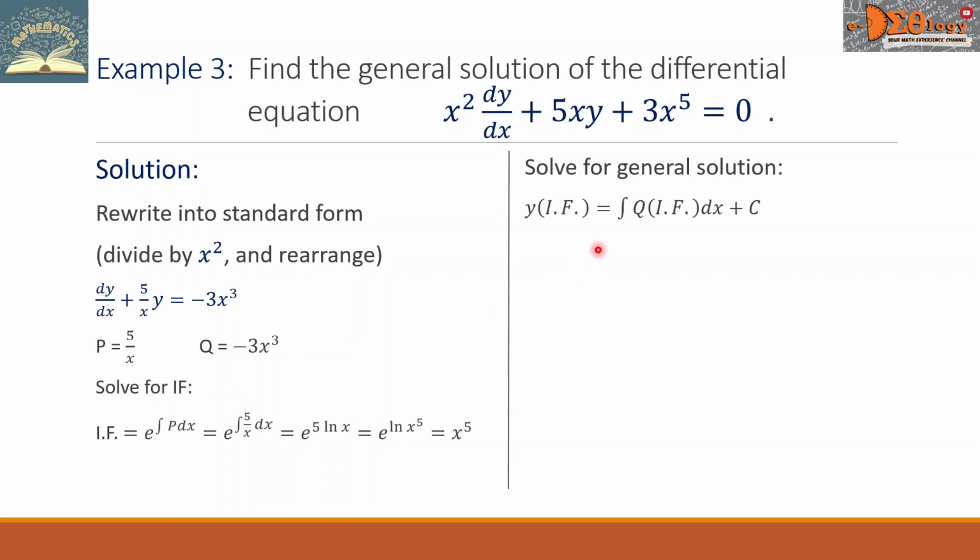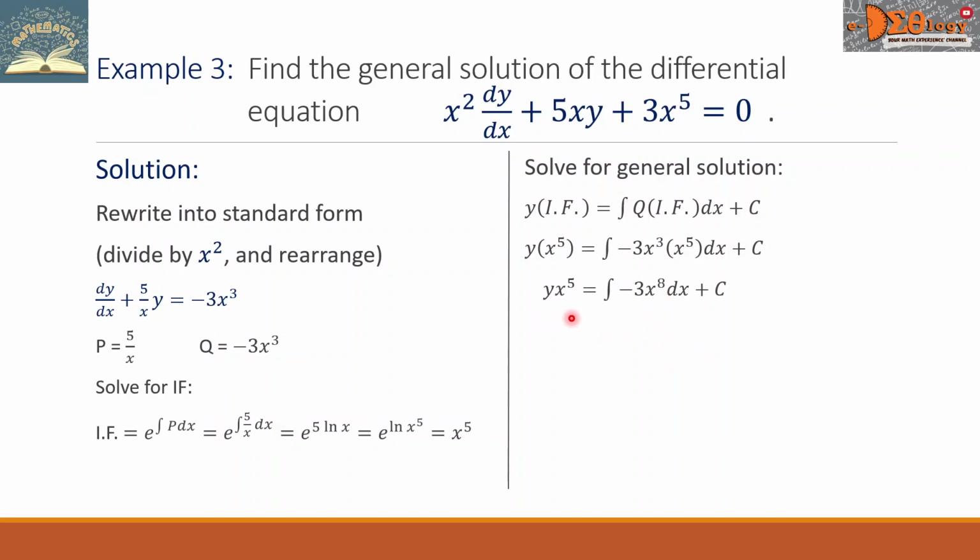Second step, we solve for the general solution. We use the IF, that is the x raised to 5, and the Q, and that is the negative 3x cubed. Doing our substitution, it becomes like this. We can see that we can simplify further the integrand in here. We can combine the x cubed and the x raised to 5. So we have this x raised to 8.